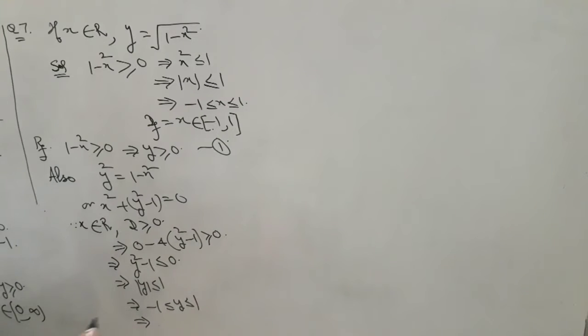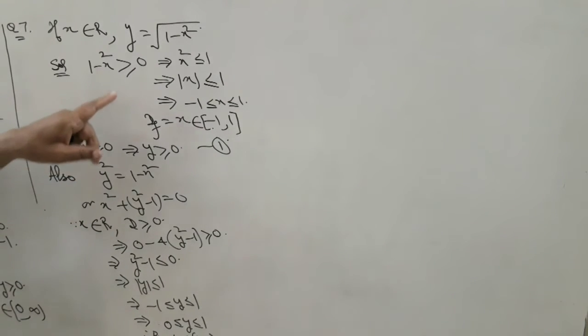What does this imply? See, y is positive, so negative is not possible, so 0 is less than or equal to y less than or equal to 1. Therefore, the range of the function is y belongs to 0 to 1 closed interval.